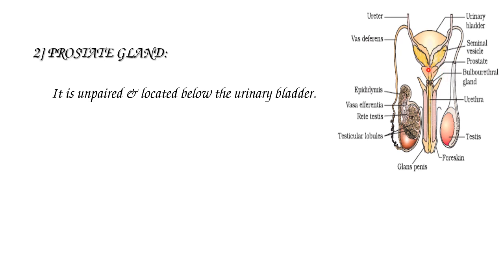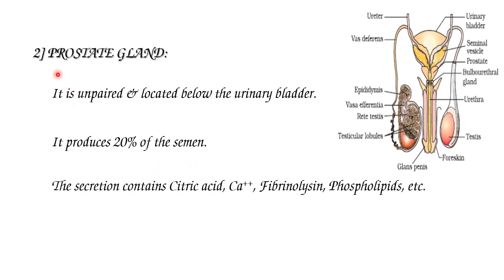It is not two, it is all together one gland, present below the urinary bladder. This prostate gland produces 20% of the seminal fluid in the semen. The prostate gland secretion contains citric acid, calcium ions, fibrinolysin, phospholipids, etc.